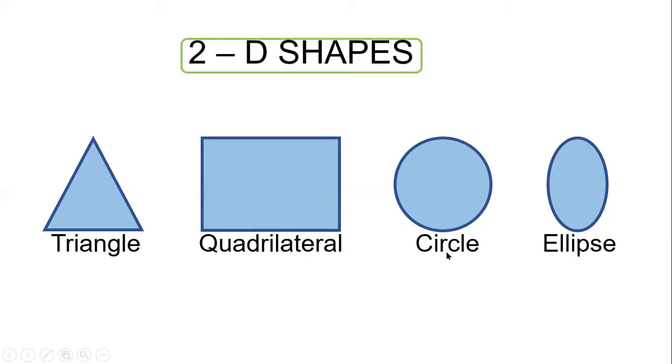Then a circle has no corners and no sides. It is round. An ellipse also has no sides and no corners. It is like a circle that has been squeezed. Okay, and we said that all of these are called 2D shapes.